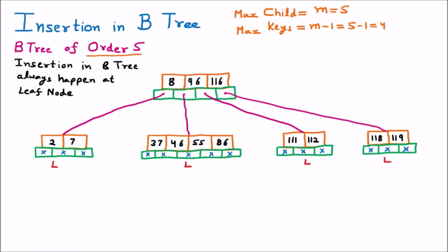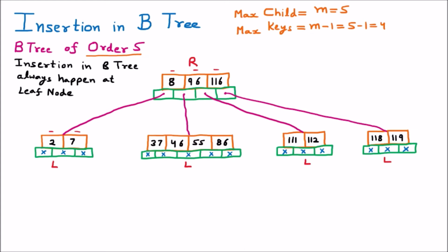Then there is one more condition of B tree, that every key of every node should be in ascending order. So we are going to check every node. We are going to the root node here. The root node has the keys 8, 96, 116 in ascending order. Again we have the next node where we have the keys 2 and 7.